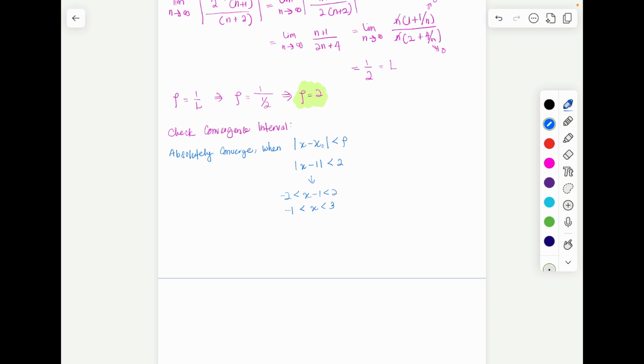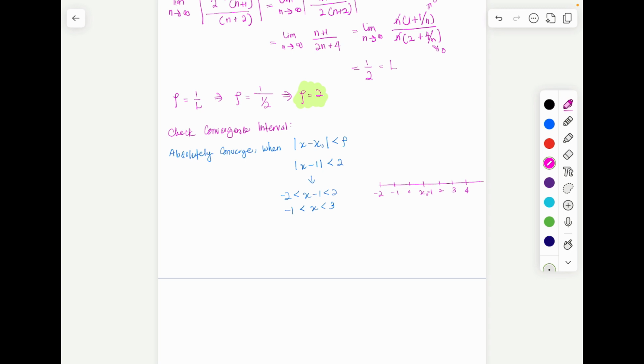You can look at the number line for this one. Let's say you have x_0 here, x_0 equals 1. Then this is 2, this is 3, this is 4, then 0, negative 1, negative 2.